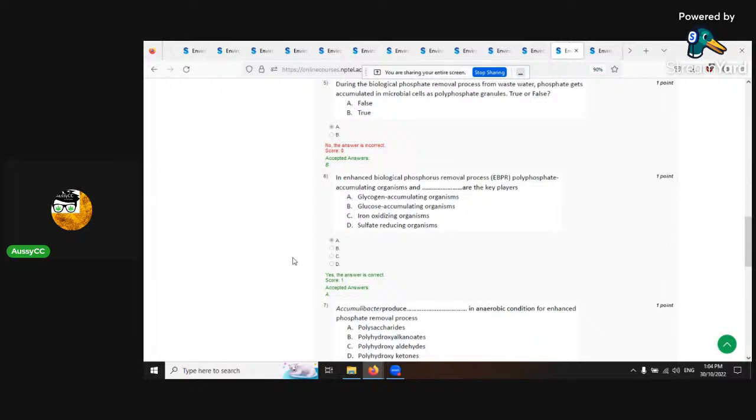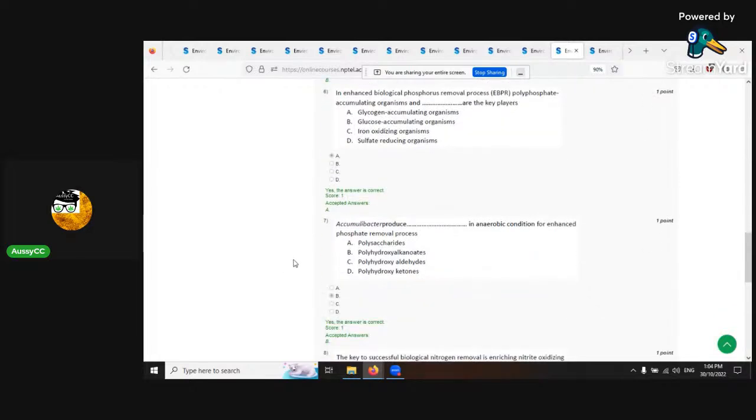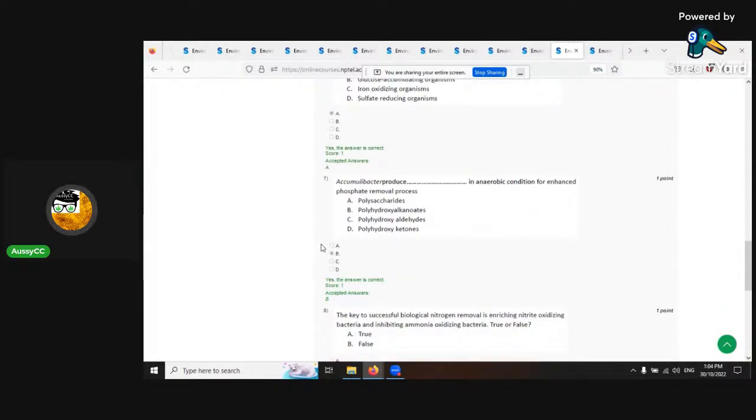B. Key to successful biological nitrogen removal is enriching nitrifying bacteria and inhibiting ammonia. That's false. If you inhibit ammonia, that means it's not going to fix nitrogen, so that can't be true.